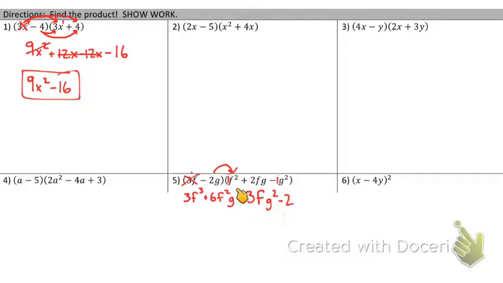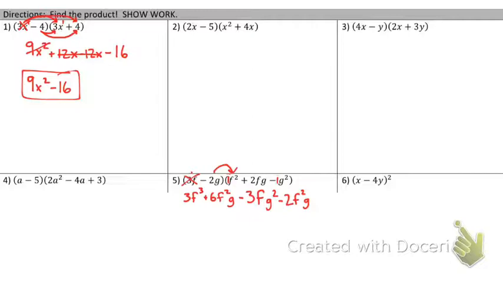But here's the thing, if you notice the order, I like to keep it in ABC order if we have multiple variables. So I'm going to put the f guy first. So g and f, there's nothing multiplying there. We just write them down. So it's going to be f squared first because it's alphabetical order. And then the g comes in.